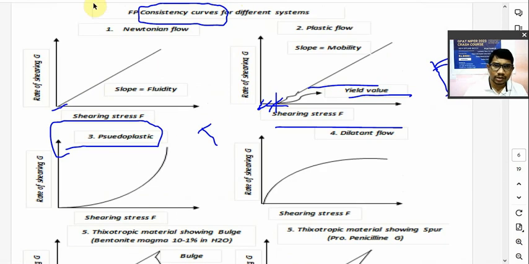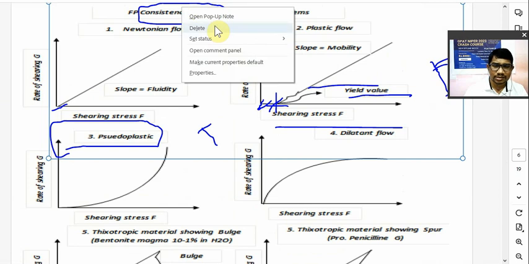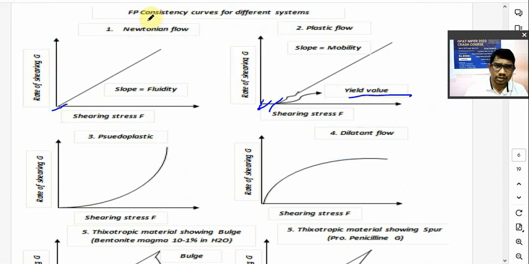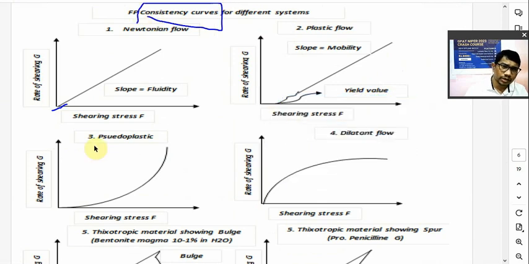Okay, so you have to understand this a little here. Consistency curves are also known as rheograms. So the rheogram for a Newtonian liquid: if you increase the shearing stress, the rate of shearing is also increased and the fluid will start to flow, and the consistency curve will start from the origin only.